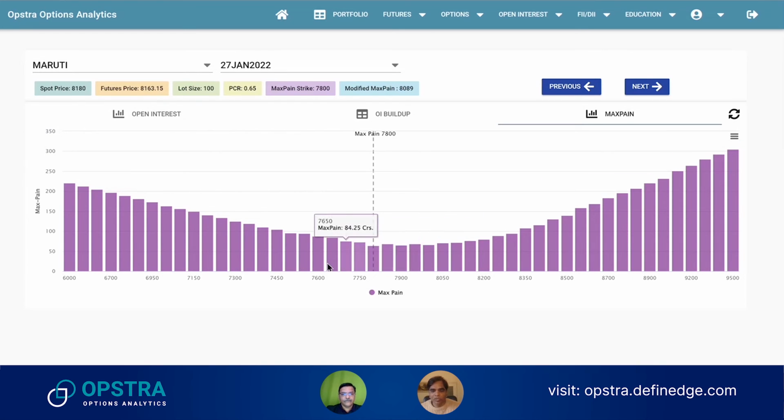The belief is that the option writers somehow control the underlying stock or market and try to bring the market close to this max pain value at expiry. That is the reason we also show this max pain chart.